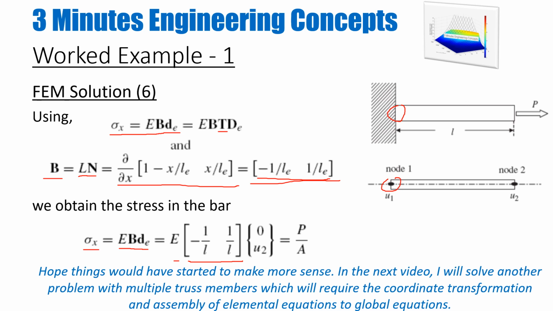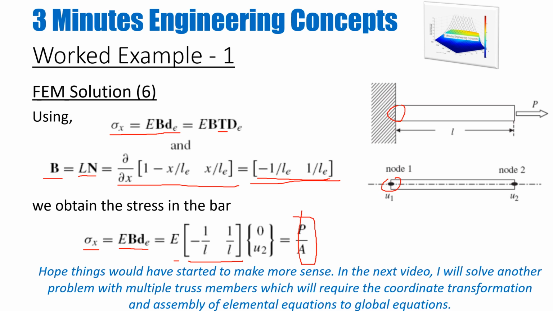Once I substitute everything and simplify, I get the stress value, which is P over A. This is again the same as what we found using the exact solution, and which is very much the same as basic solid mechanics, that stress will be force over the area for any bar which is loaded in the axial direction.